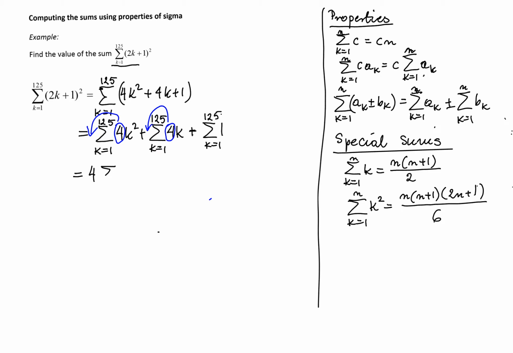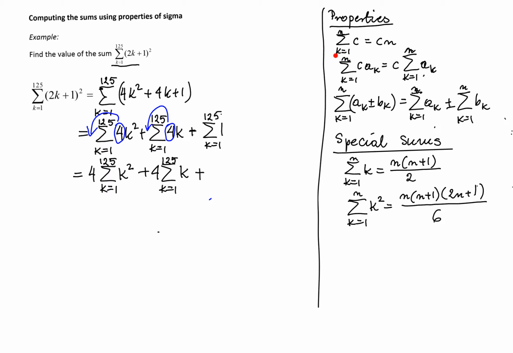So we'll have 4 times the sigma from k equal 1 to 125 of k squared, plus 4 times the sum from k equal 1 to 125 of k, and the last term here is the sum of a constant.